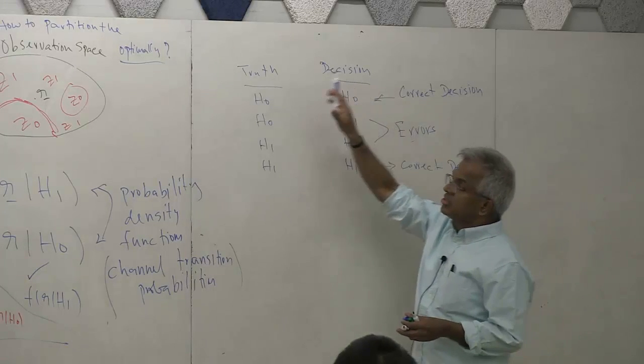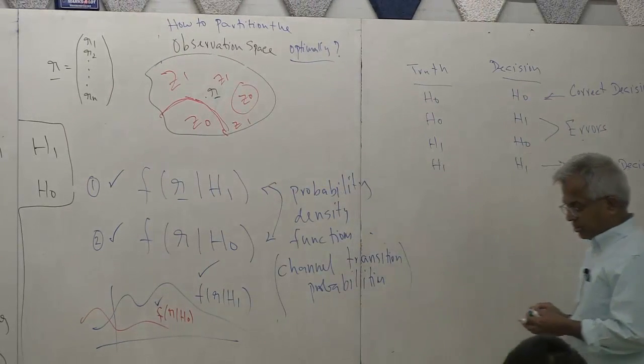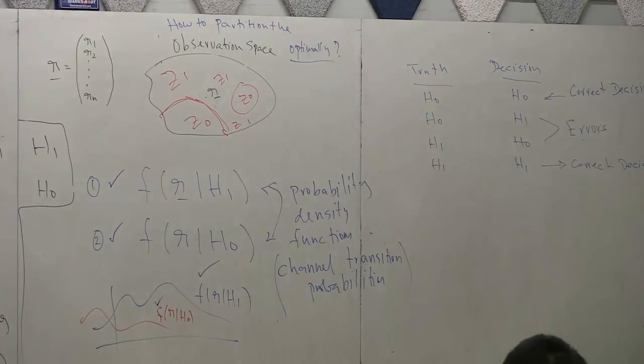So of course, this decision will depend on how we partition this space optimally. This is where I'm going to introduce a new idea. Generally in communication, before this you would say, let me take these errors, compute the probabilities, and try to minimize them.